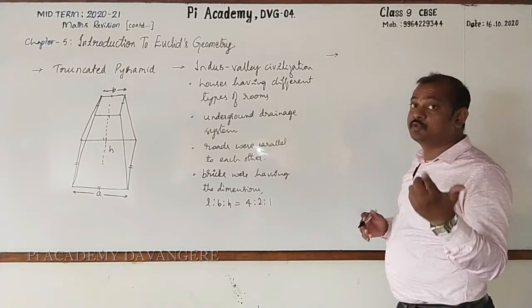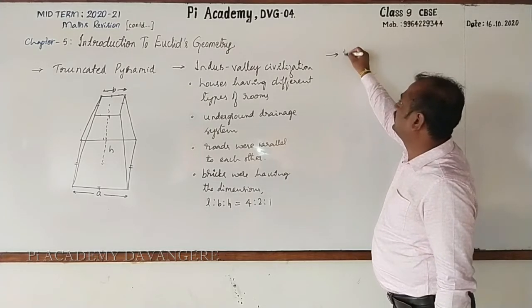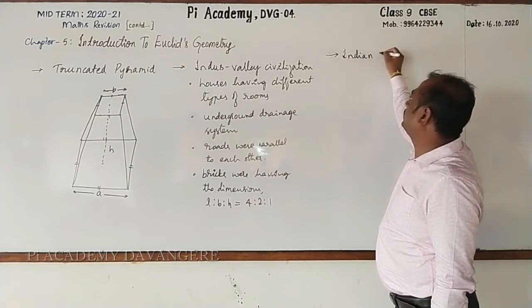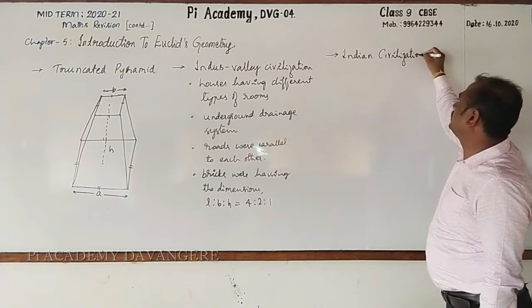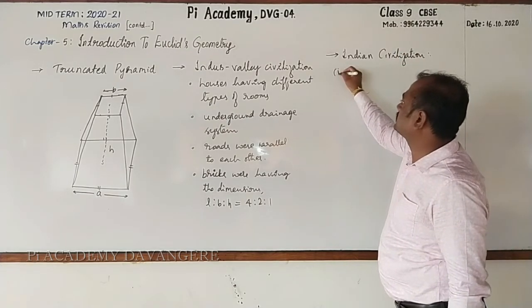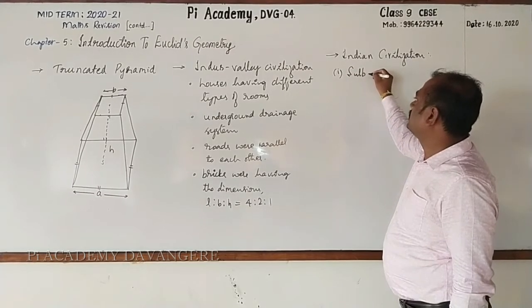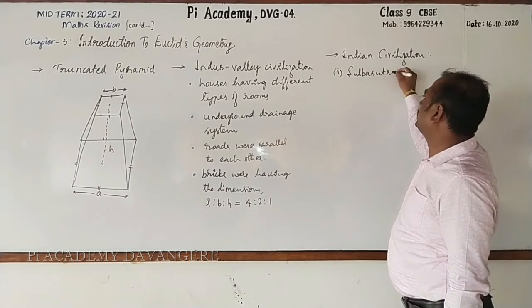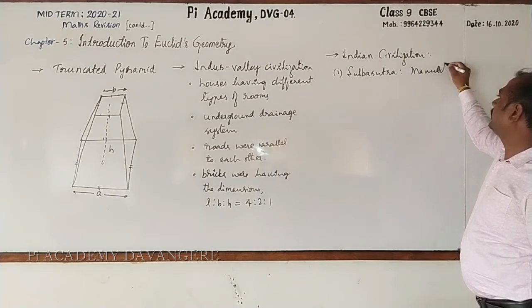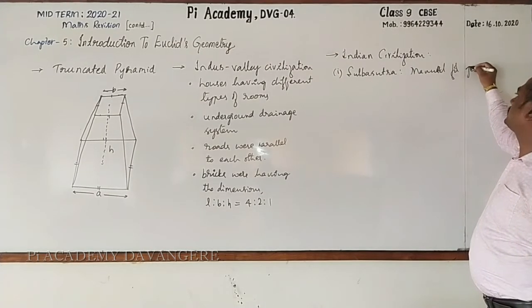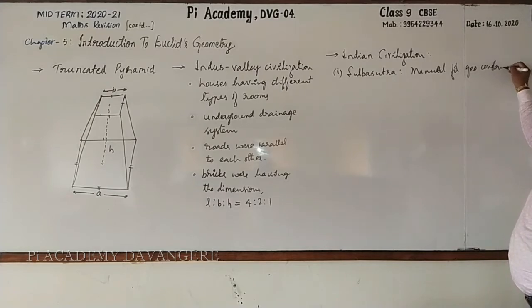That is Sulba Sutra, right? Here, you may copy with me. Indian civilization. In that first one is Sulba Sutra. What it is? It is a manual for geometrical constructions.